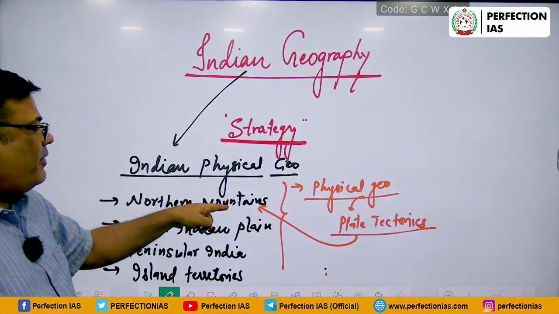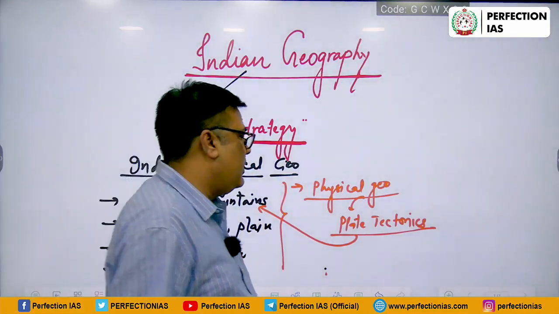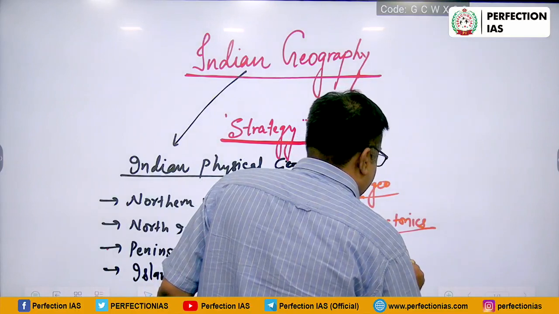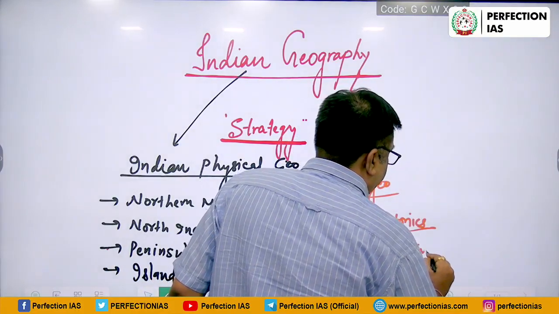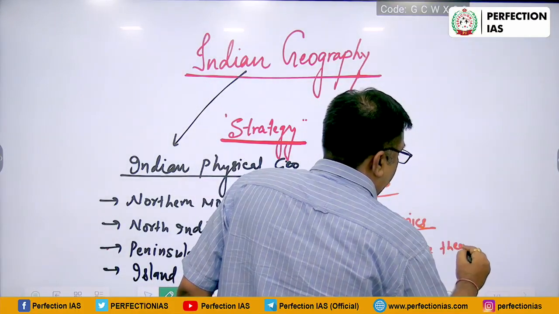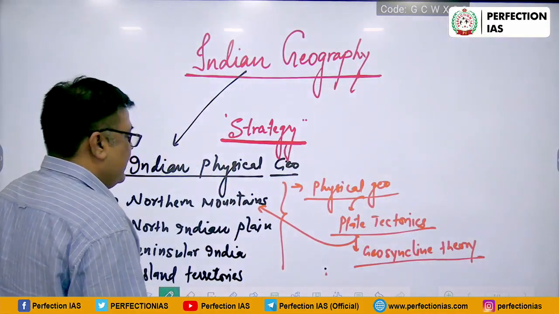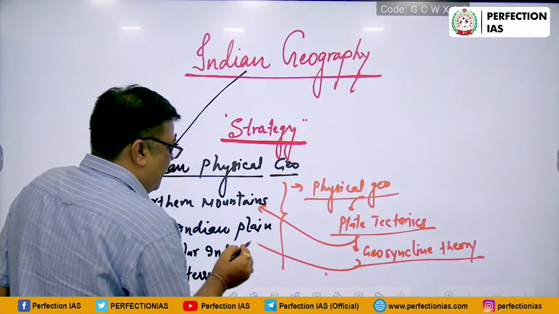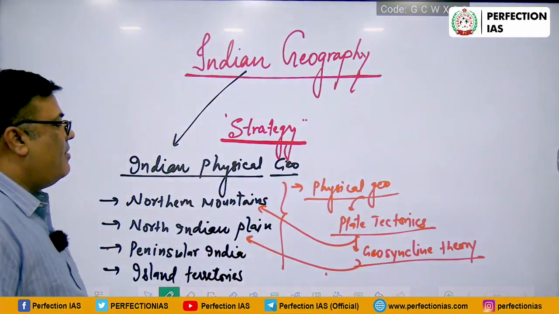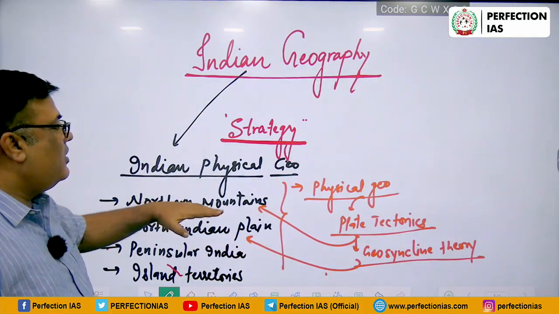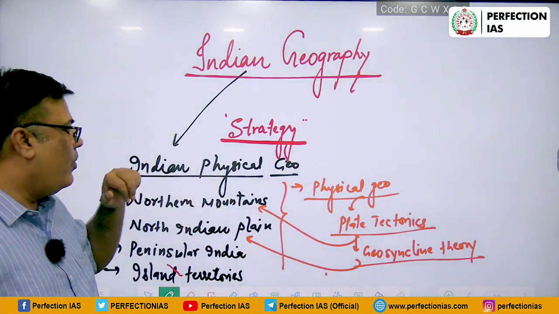And if the formation of mountains we have learned, then obviously we have learned about geosyncline theory also. And this geosyncline theory will tell you how the formation of our North Indian plain happened and how the formation of our northern mountains happened.